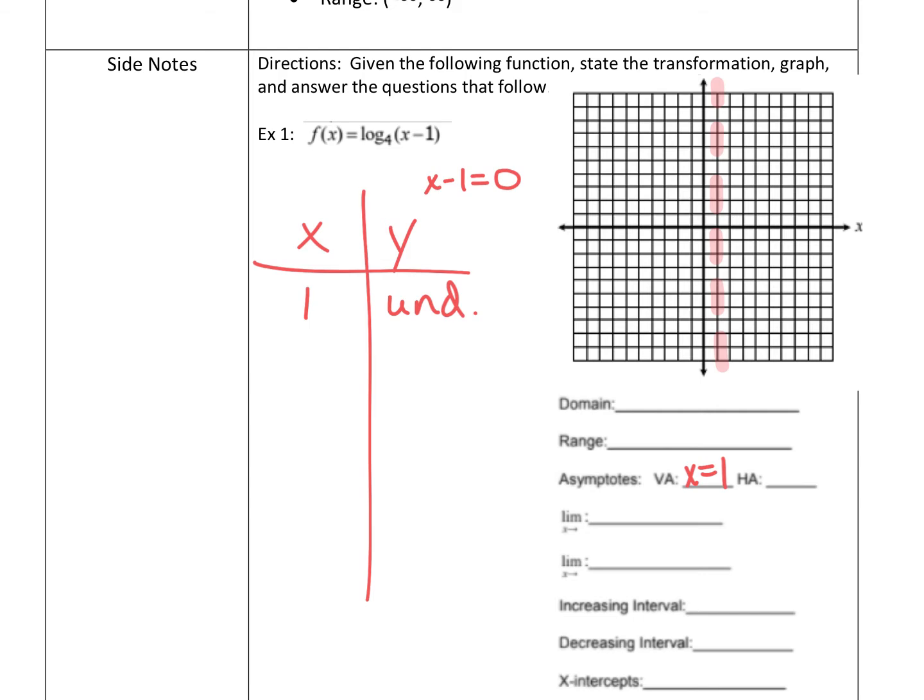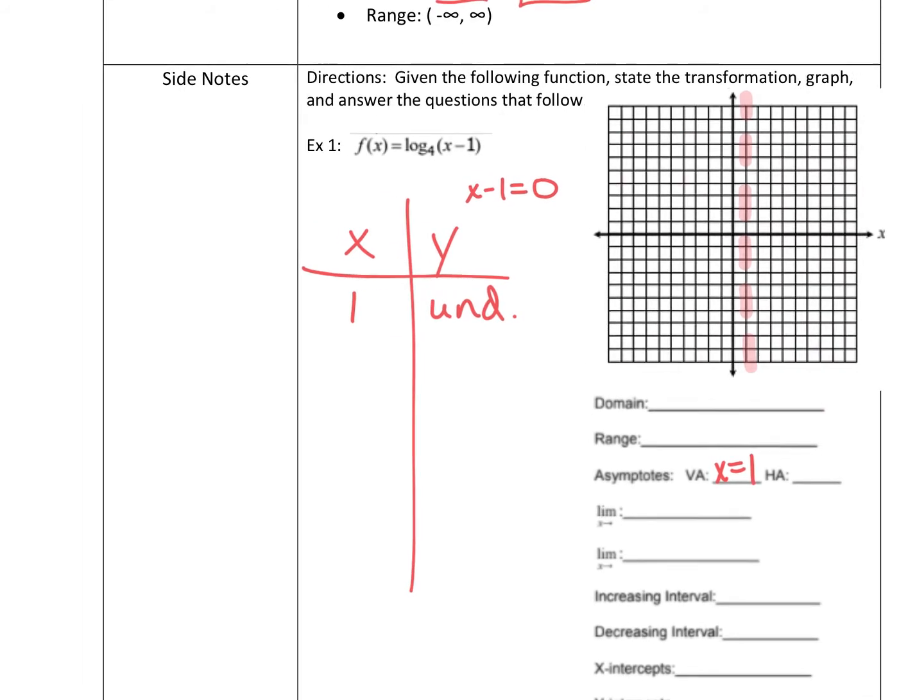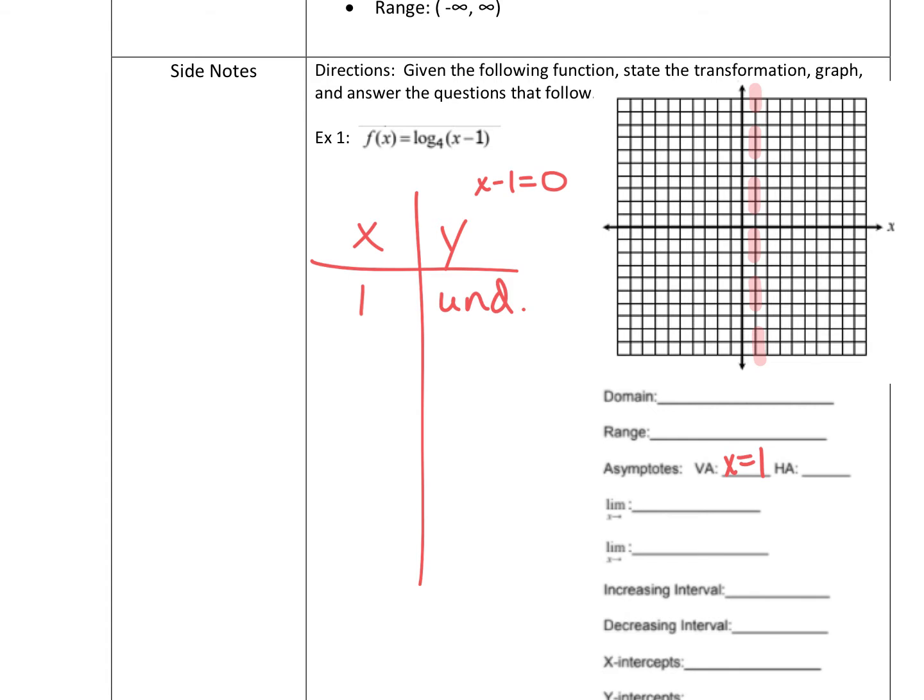Okay. I'm going to let you finish this one, but first let's set up how we would type a number into a calculator. Well, first let's set up what other numbers we want to plug in. So after 1, what should we do? 2, 3, 4, 5. If you want to do a bigger one, you can, but you can do 6 if you want. When you go to type this in, you're going to type in log, then what? 2 minus 1 in parentheses, right?